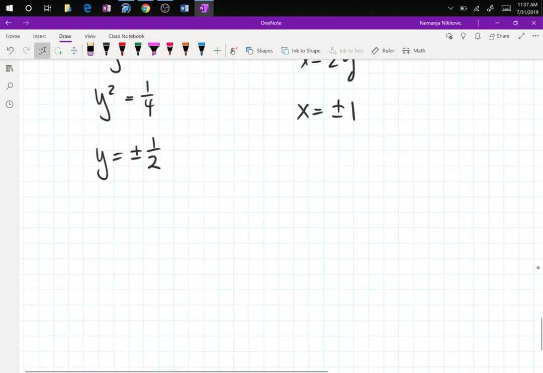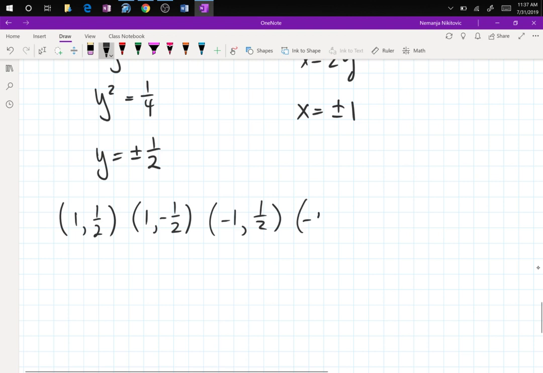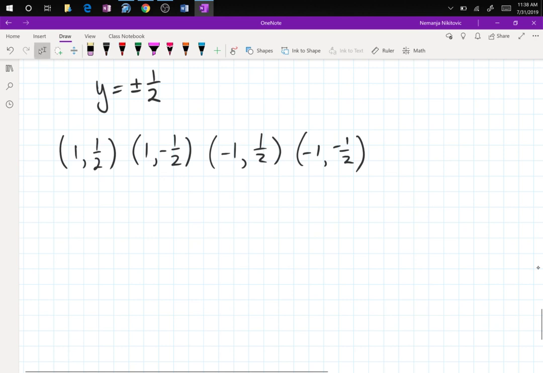The vertices of the rectangle are 1 and 1/2, 1 and -1/2, -1 and 1/2, and -1, -1/2. So these are the vertices of the rectangle, and you can see that the rectangle is now 2 by 1, right? Because it goes from -1 to 1, that's 2 units, and from -1/2 to +1/2, which is 1 unit.